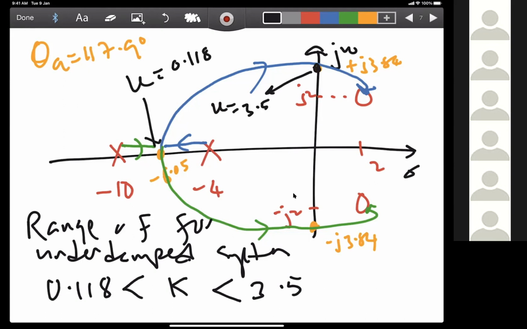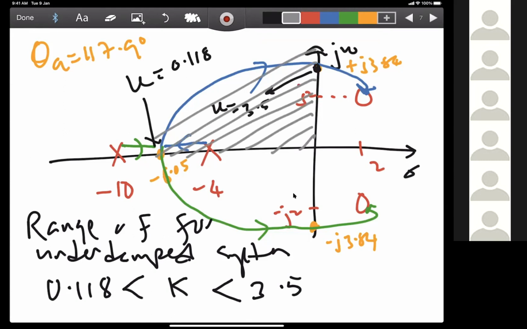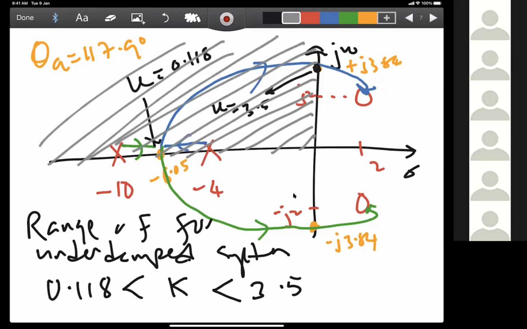So 0.118. Okay. So that is considered the region of the underdamped. If you want to know the region of underdamped, using my gray color, this is the underdamped region. Okay. Nurliana Izati.